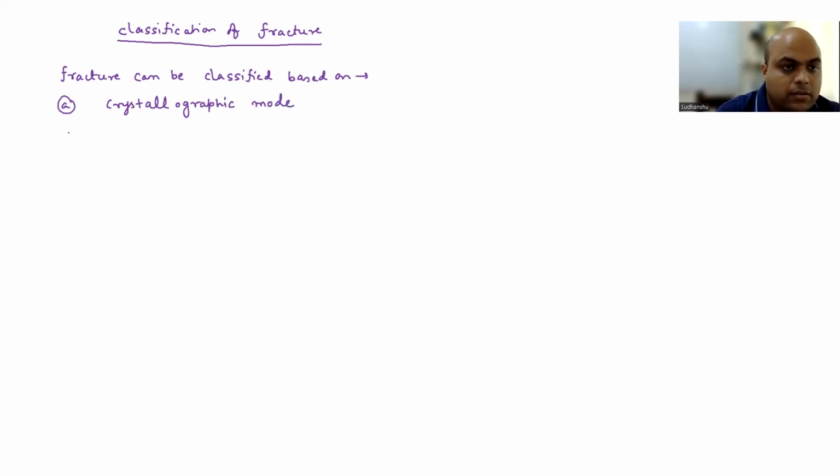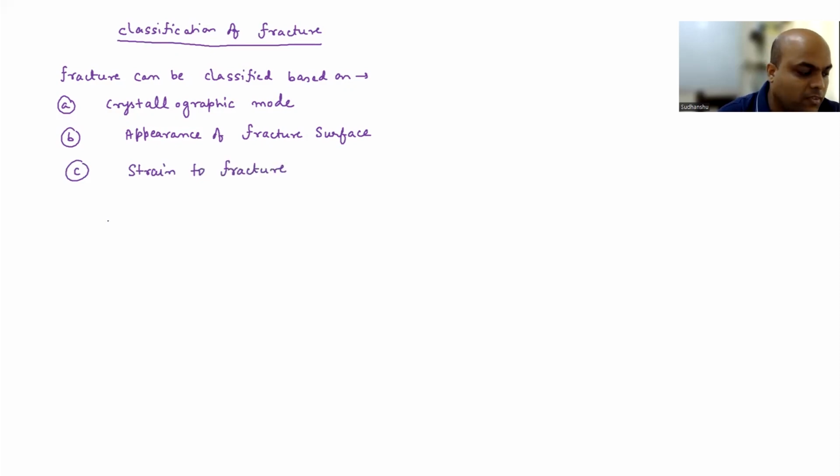Second is appearance of fracture surfaces. Third is strain to fracture or strain to failure. And the last one is crack path. What is the path of crack propagation? Okay. So these are the four ways a fracture can be classified.